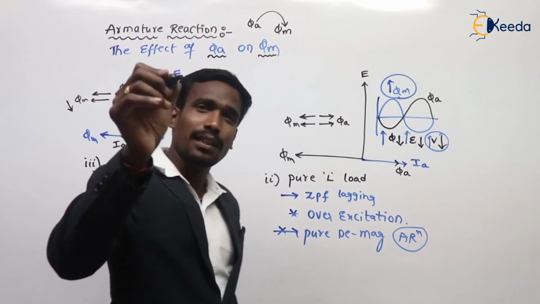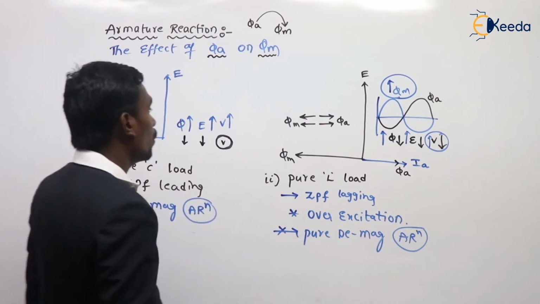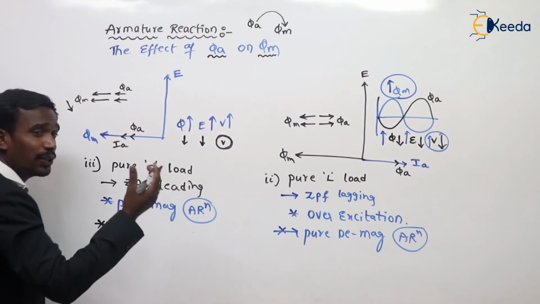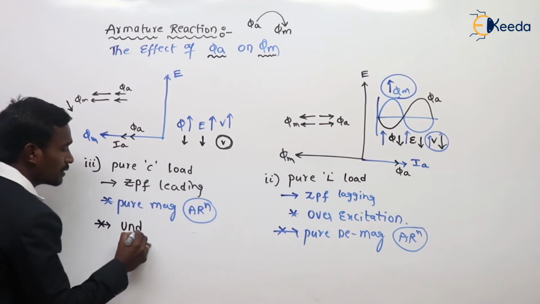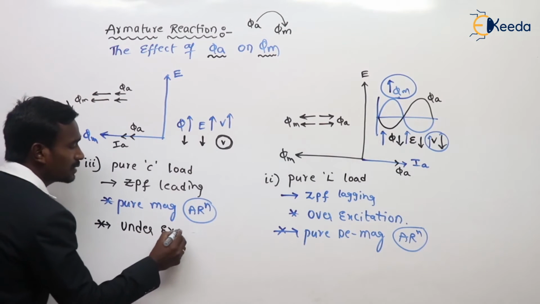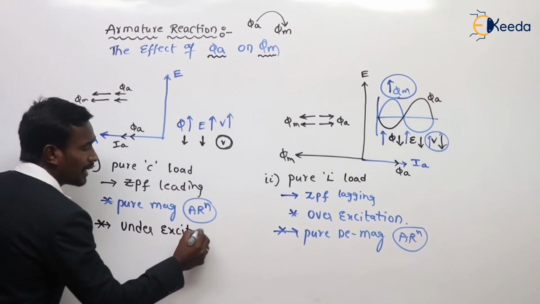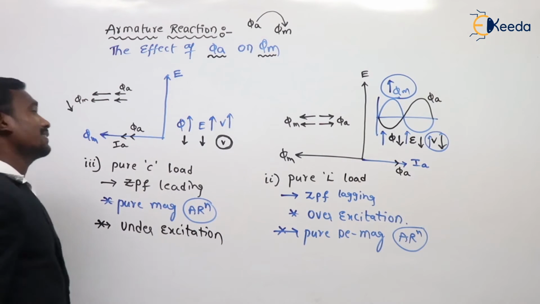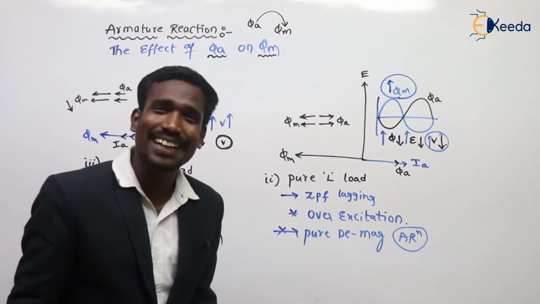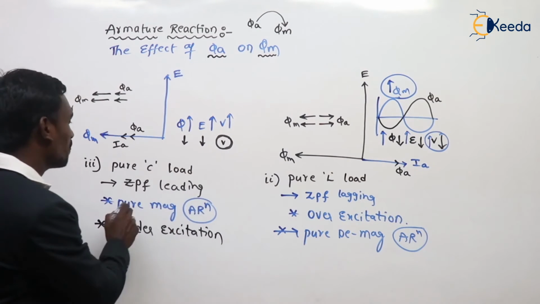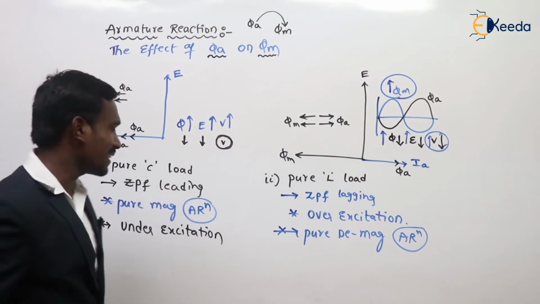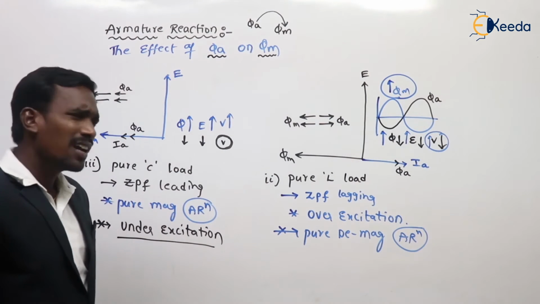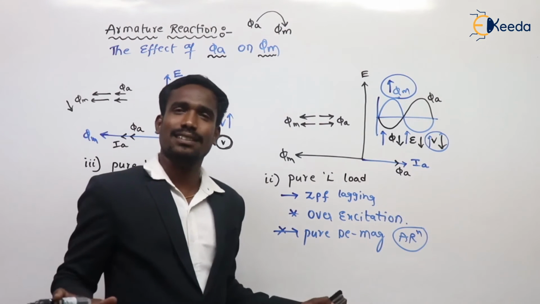So the excitation reduces, nothing but this is operating at under-excitation condition. Here pure capacitive load, zero power factor leading, and pure magnetization effect of armature reaction, and this is under-excitation. Up to now we completed 3 cases.